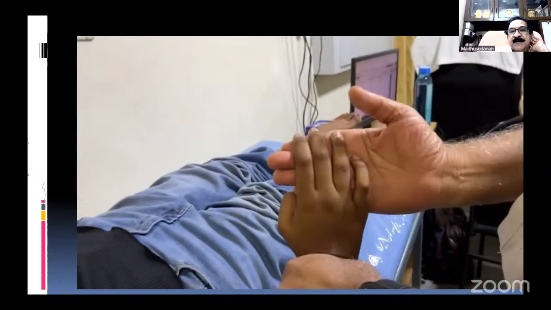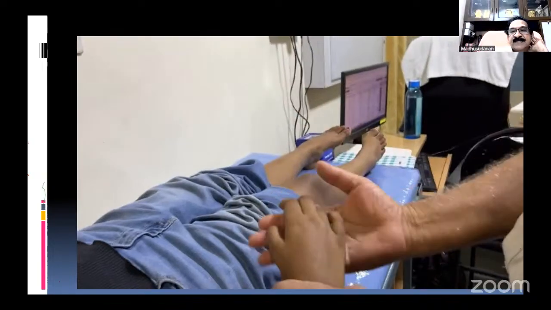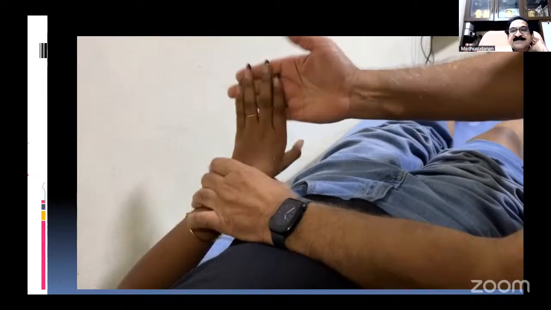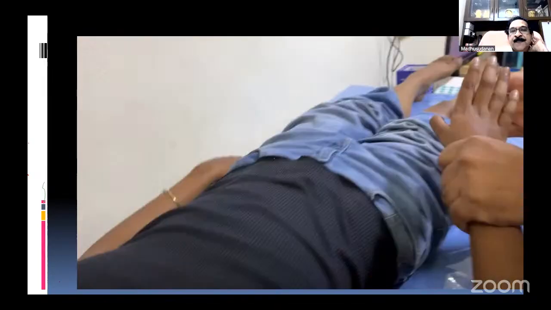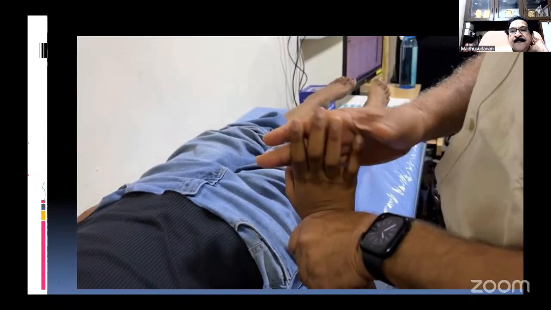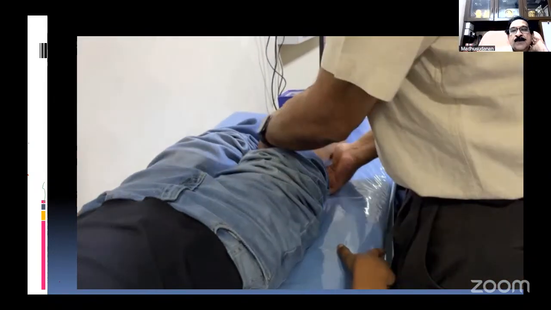And he's got a contracture of the fingers. See, the finger flexors had contracture. On the left side I could extend fully, but on the right side it is coming up only to this level. Lower limb tone normal.